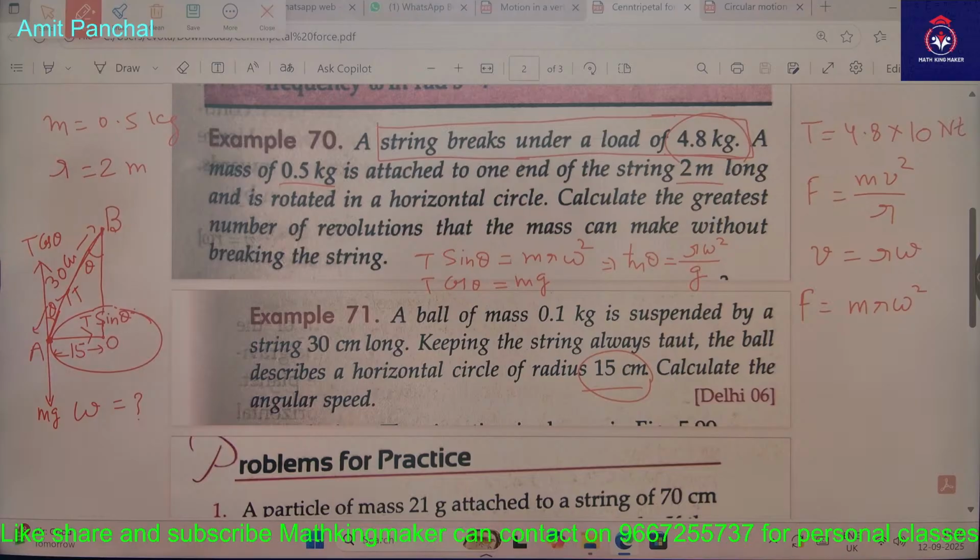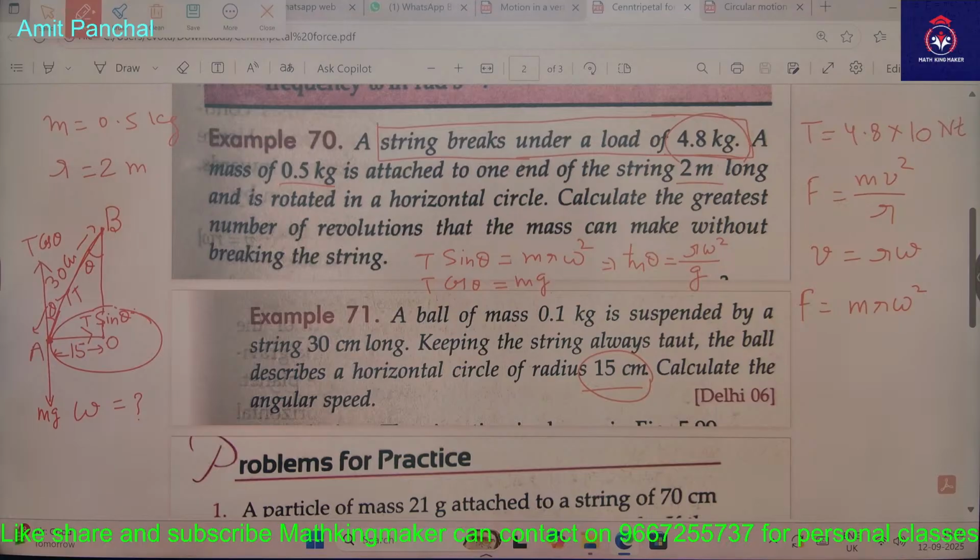It's the perpendicular, right? 15 is opposite. Tan is opposite upon adjacent, so it'll be 15 by 30. 30 is the hypotenuse here. Sorry, so sine theta is equal to 15 by 30.